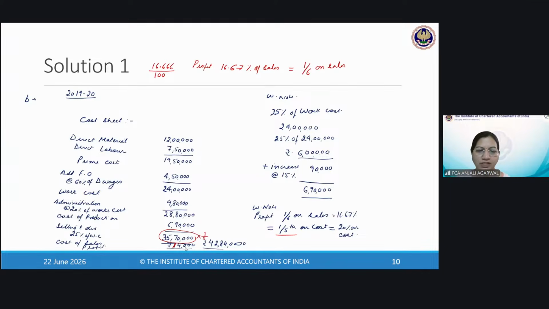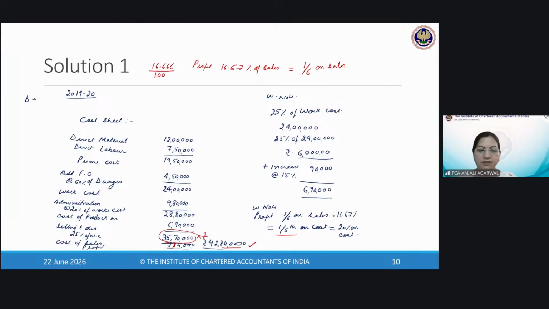Profit will be 7 lakh 14,000, not 774. I might have written it as 714, but when I read it again, I mistook the one as 7. Okay, so 35 lakh 70,000 plus 7 lakh 14,000. When you add it to 35 lakh 70,000, the sales figure is 42 lakh 84,000.